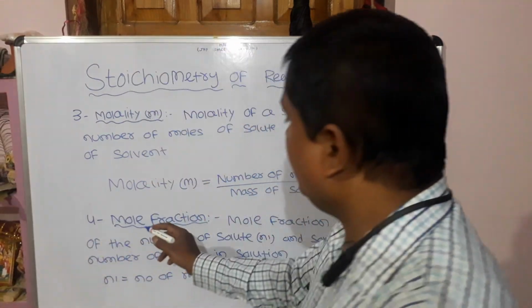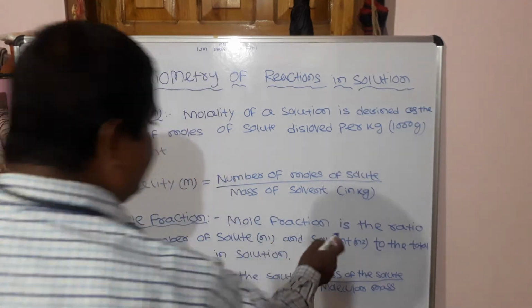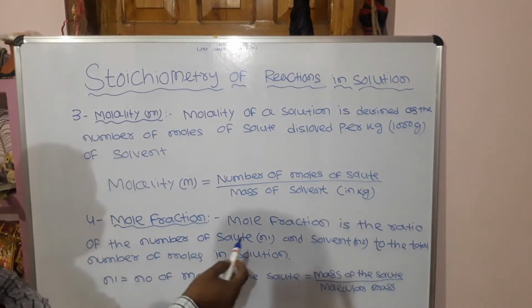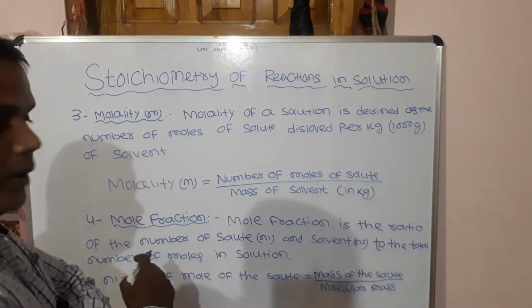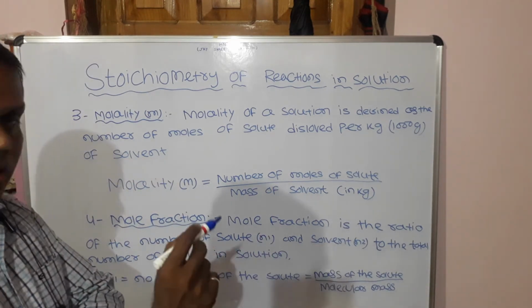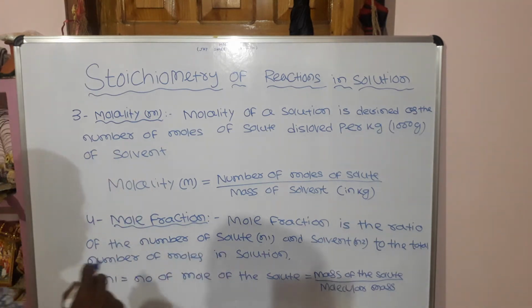Point 4 is mole fraction. Mole fraction is the ratio of the number of moles of solute N1 or solvent N2 to the total number of moles in the solution.